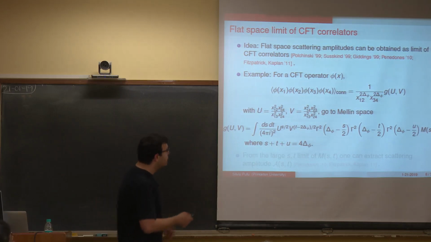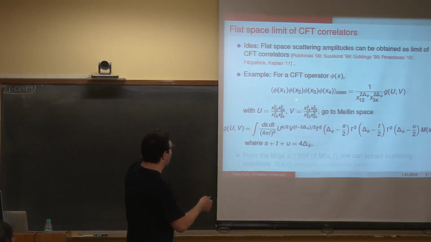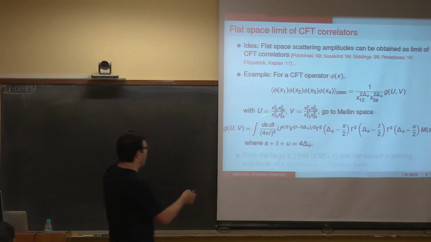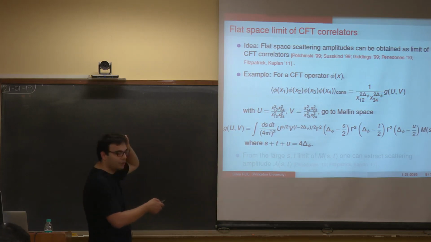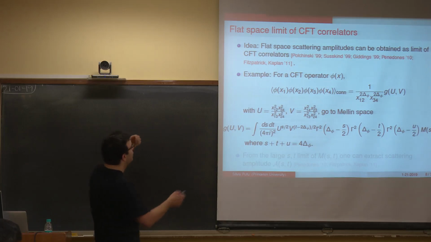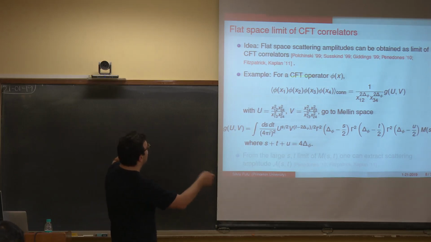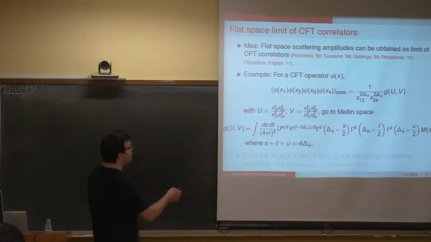Okay, the idea is that flat space scattering amplitudes can be obtained as limits of CFT correlators. So for example, if we have a CFT 4-point function of a scalar phi, it looks like this. There's some overall prefactor and a function of u and v, where u and v are the conformally invariant cross ratios. And then the idea explained in these papers is to go to Mellin space.